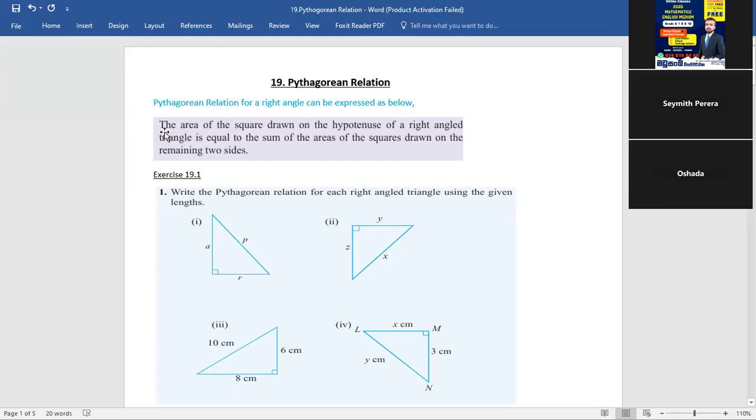So our Pythagorean relation is the area of the square drawn on the hypotenuse of a right angle triangle is equal to the sum of the areas of the squares drawn on the remaining two sides. So this is what we did. Yes.